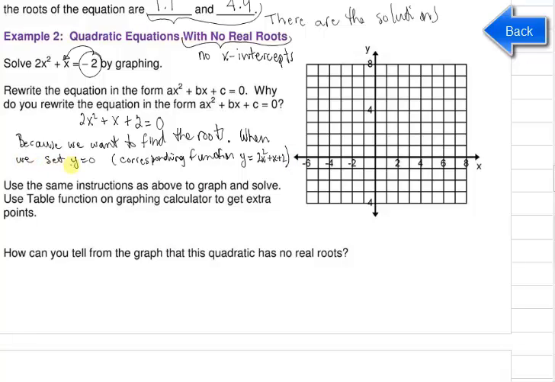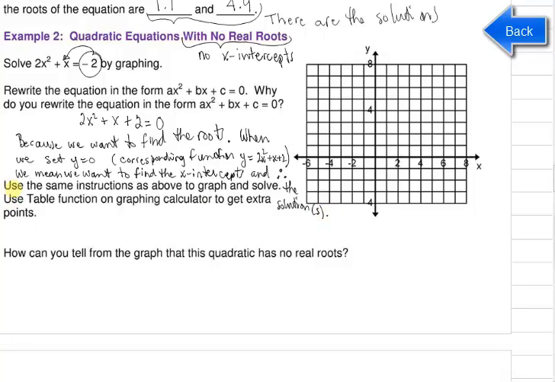When we set y equal to 0, we mean that we want to find the x-intercepts. And because we want to find the x-intercepts, we are looking for the solution or solutions.